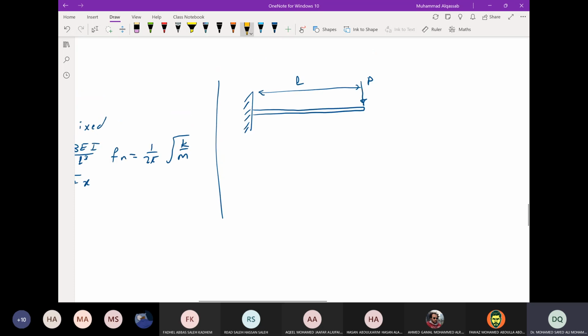Let's go back to mechanics of materials. Usually in mechanics of materials you will introduce X measured from the fixed position, and then the beam will deflect, and then you have Y, to be a function of X. So Y is a function of X. And then there is an equation.